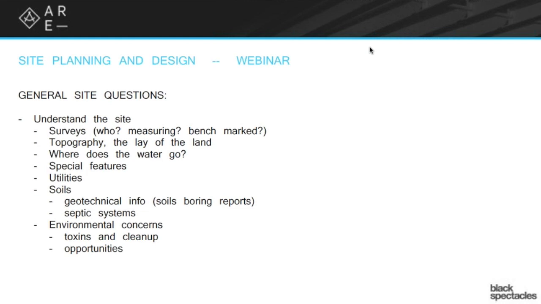Utilities. One of the things you'll find when you're talking about site plans and surveys is that it feels like there's a lot of flexibility about where I can put the house or the building anywhere. Well, probably not. I'm probably going to really have to think about how the utilities are going to play into this. If I have two streets, where is the sewer system? Am I using a septic system?